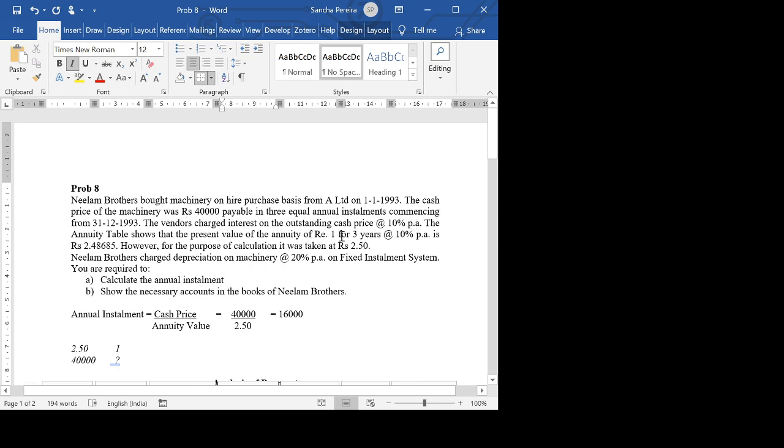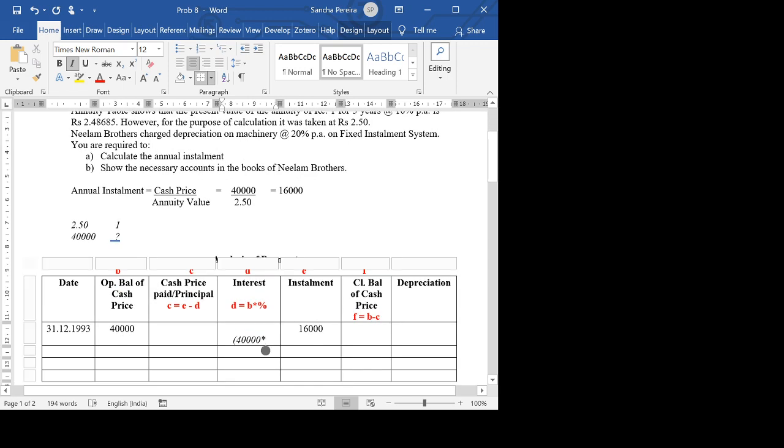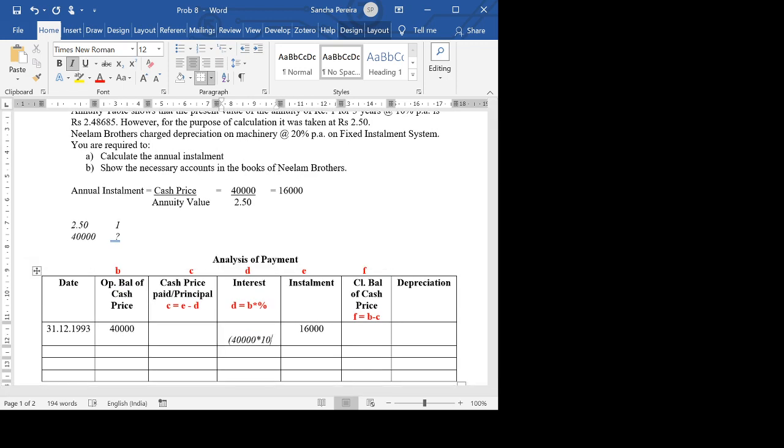The vendors charge interest on the outstanding cash price at 10% per annum, and we are paying yearly installments. So it's going to be 4,000. So here we have 16,000 minus 4,000, which is going to be 12,000. Closing balance will be opening minus this paid, which will be 28,000.